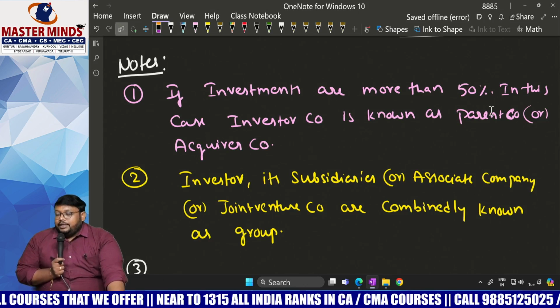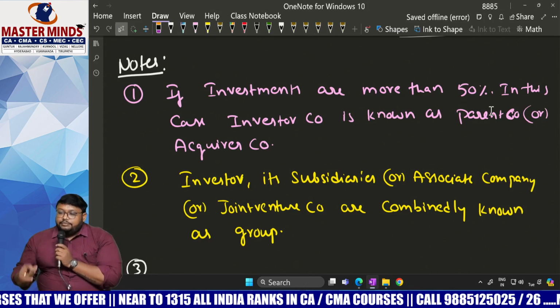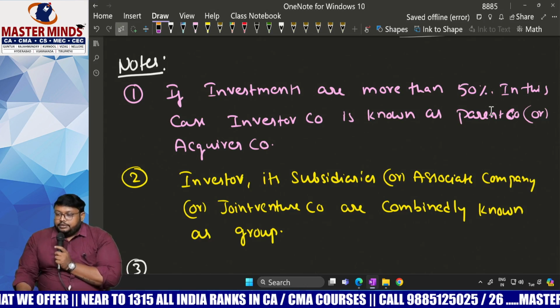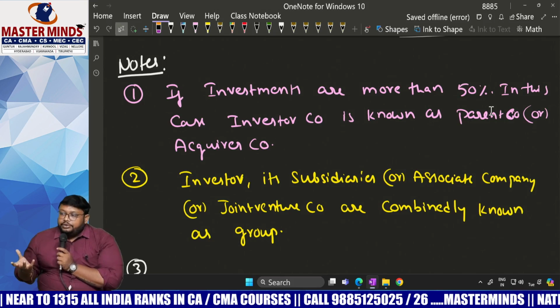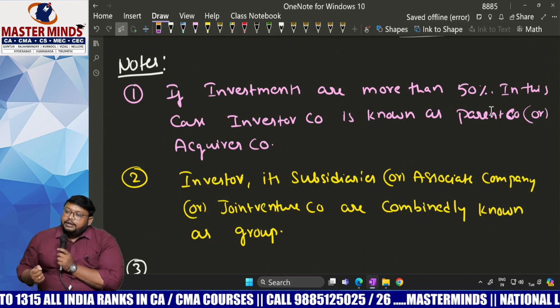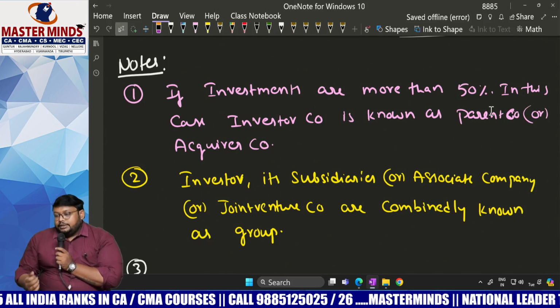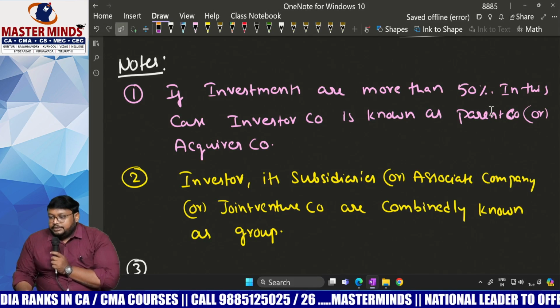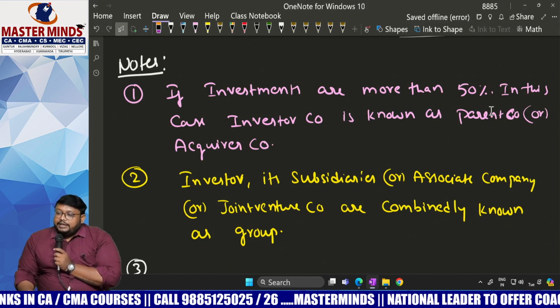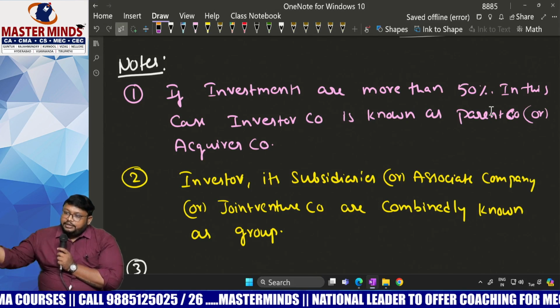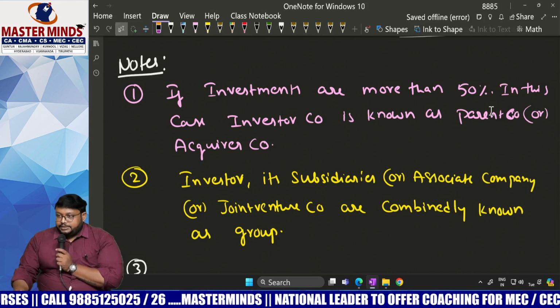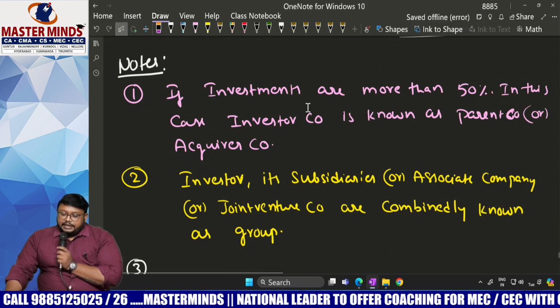Parent company will be the acquirer, because who is acquiring the 50% of stakes? The parent company. To hold the 50% stakes, you have to acquire their assets and liabilities. Then only we can say it is an acquirer company. The acquiree company means the other company who is giving the stakes to others. So that is the acquirer only.